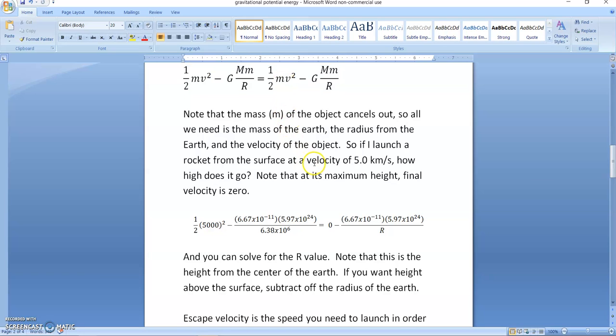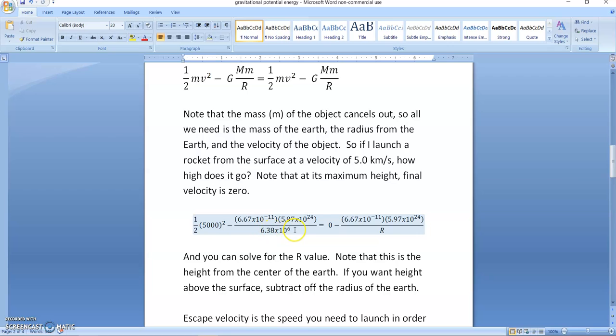So plugging in, we have the initial at 1/2 mv squared, 1/2 times 5,000 squared. 5,000 because 5 kilometers is 5,000 meters. Okay, so that's the kinetic, plus the potential is negative G mass of the Earth over radius from the center of the Earth.